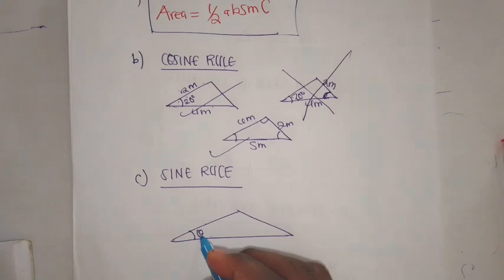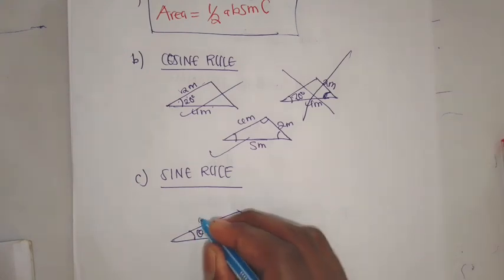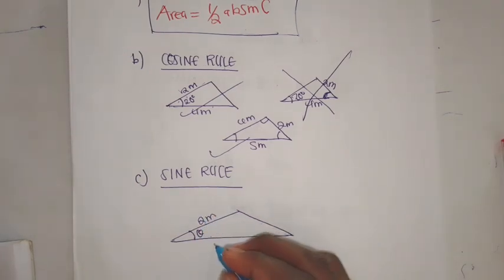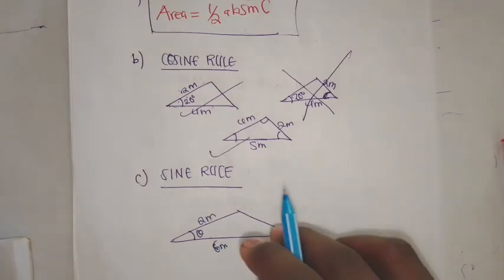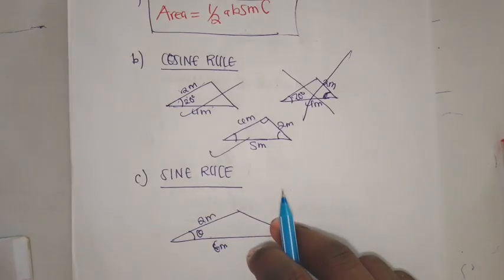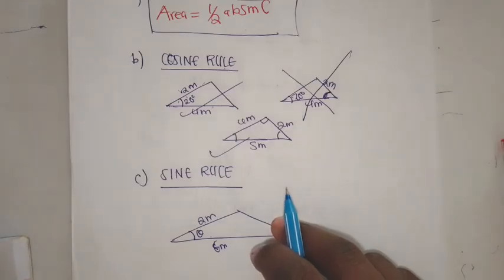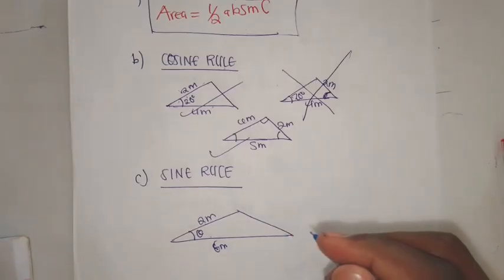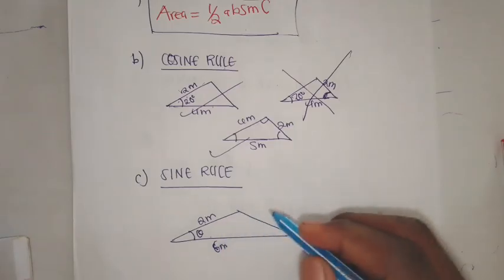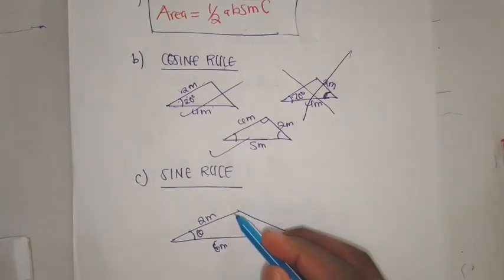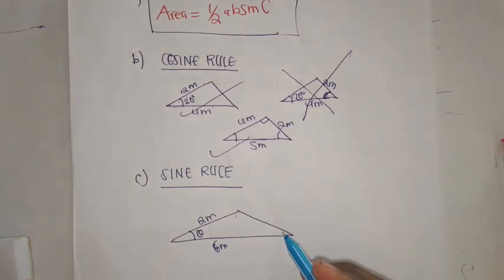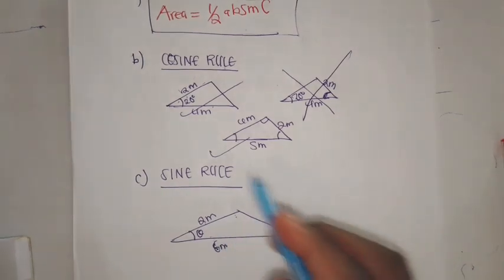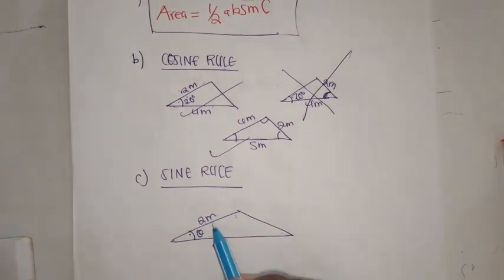If you are given this, let's say you have been given 2 meters, here you have been given, let's say 6 meters. You've also been given an opposite angle to those given two sides. Let's say you've been given this angle, or you've been given this angle. That's the only way you can use sine rule to find this one. You've been given two sides.